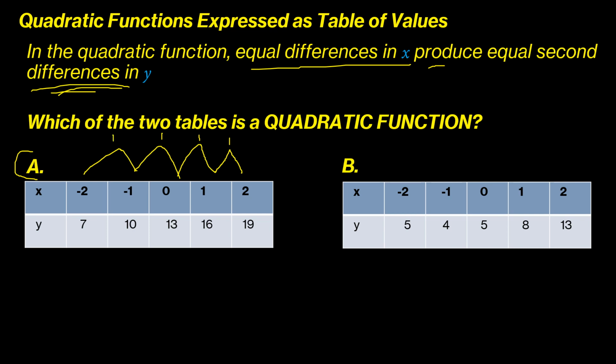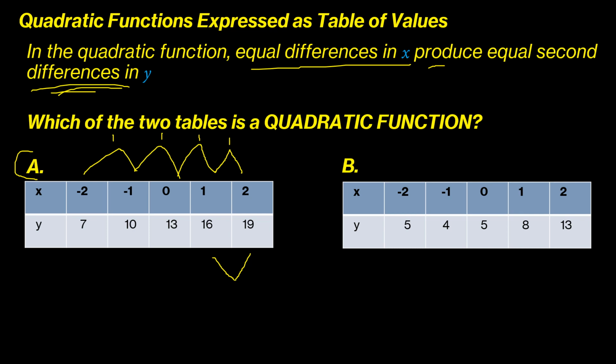So the x's have equal differences. Now let's proceed to our y values. If the second differences are equal, then the table is a quadratic function. Otherwise, if the first differences are equal, then the table is for a linear function only.